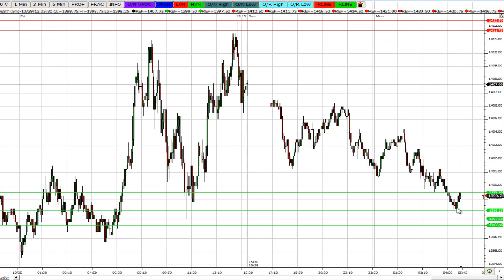And so just marking the high and low of the overnight session gives you some good reference areas for the particular day you're about to trade. Now, these obviously are not going to be nowhere near as important as a major key reference area like this or like these other ones, but especially for the first couple of hours of the new day you're about to trade, they'll come into play.